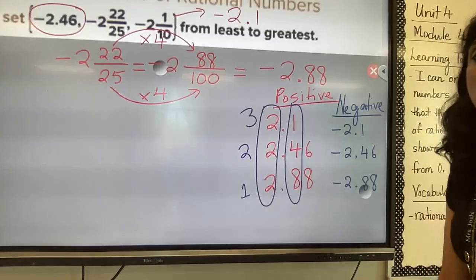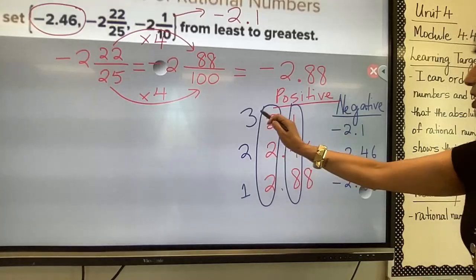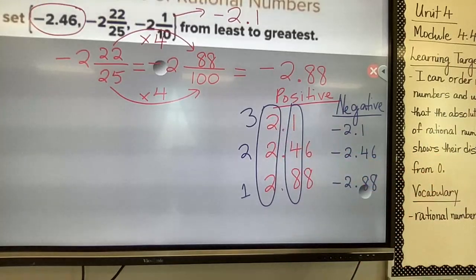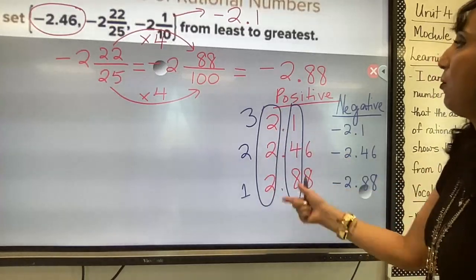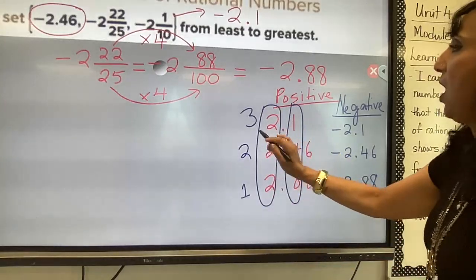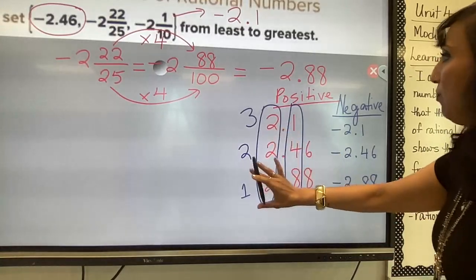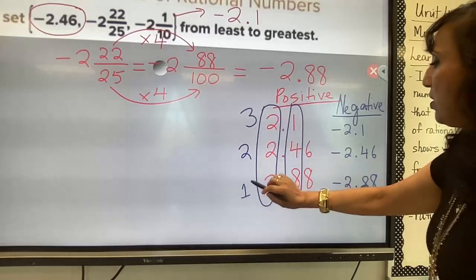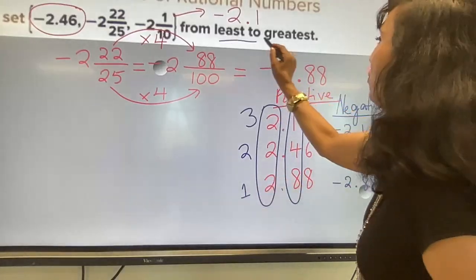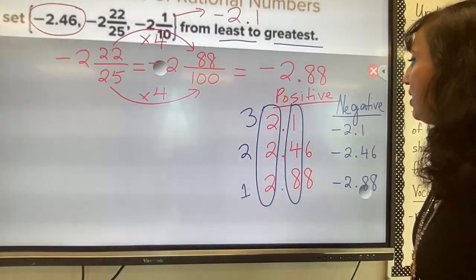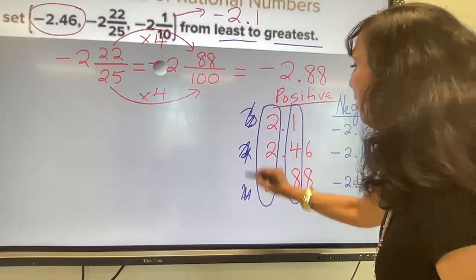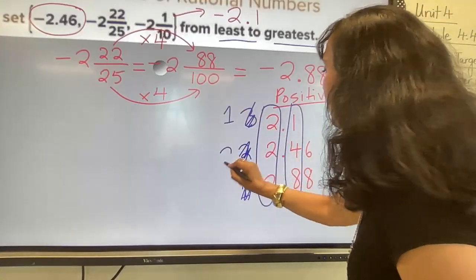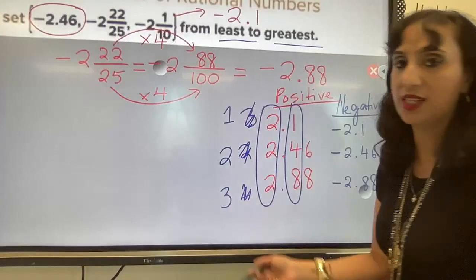So what was third here? If I'm going from the largest to the smallest, right? But if I said it the other way around, least to greatest, which one would have been the least? This would have been the smallest, this would have been the second, and this would have been the largest.